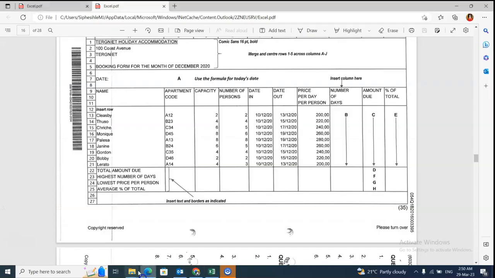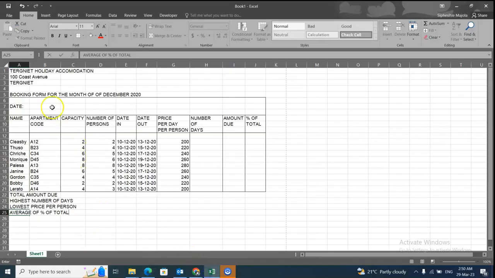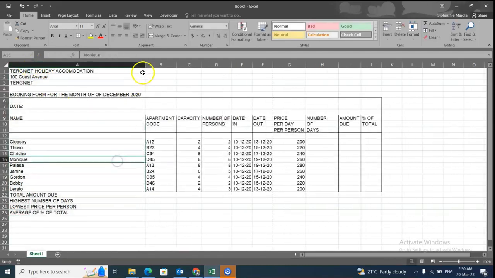And again, I can see that on this question paper this belongs to row A, so I should also open up my row A accordingly. Okay, that's too much now.